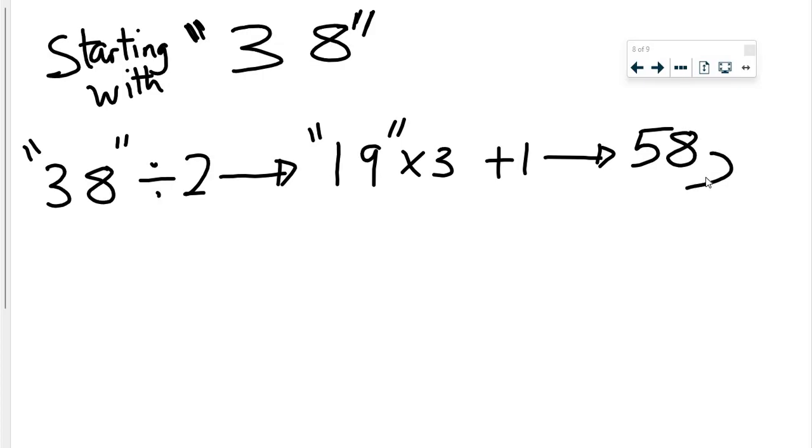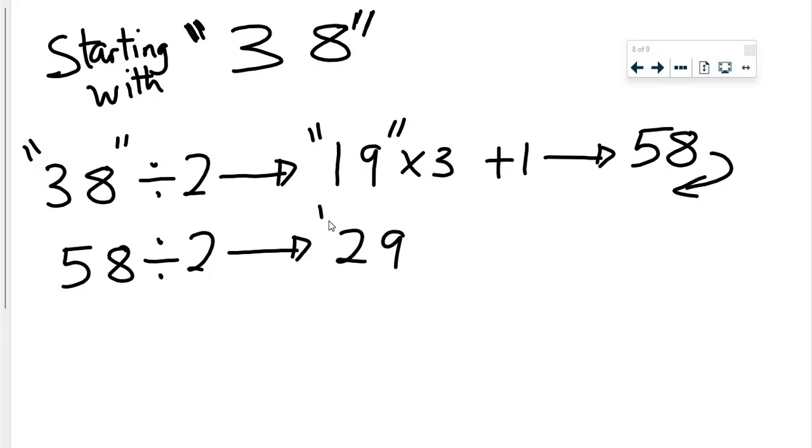What is this 58? 58 is an even number. You need to divide by 2. What do you get? 58 divided by 2, you get 29. 29 is odd. Multiply the odd number by 3 and add 1.